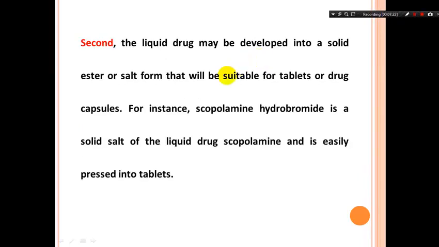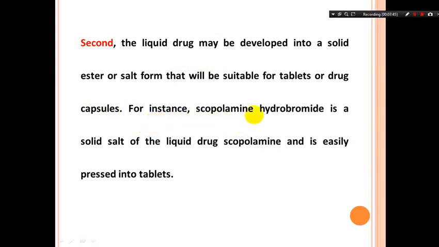The second approach is to convert the liquid drug into a salt form of that drug or ester form, and then convert it into a tablet or a capsule.